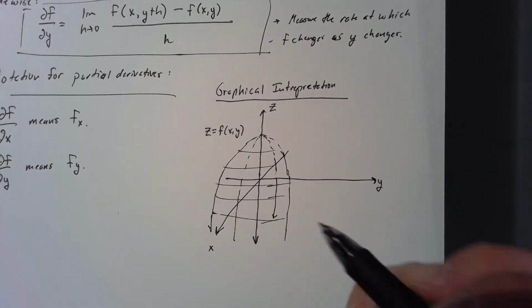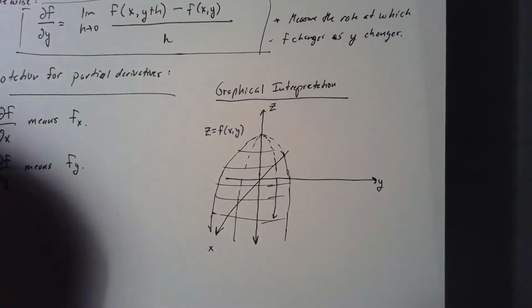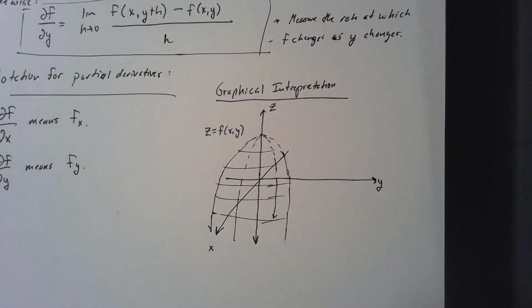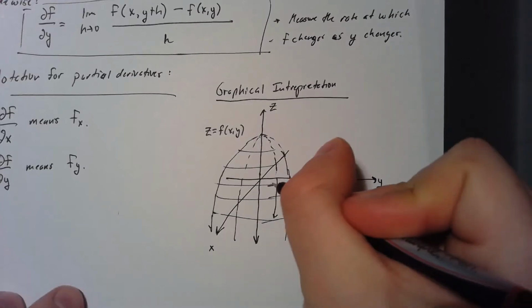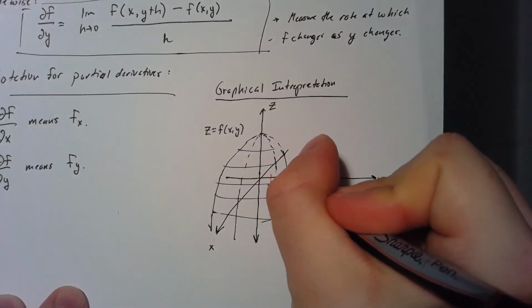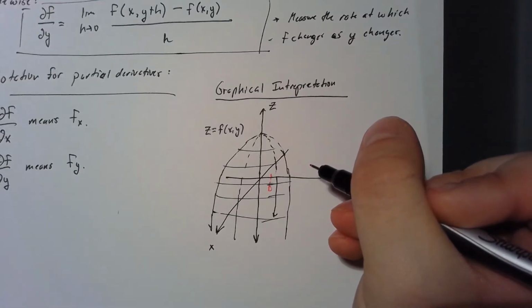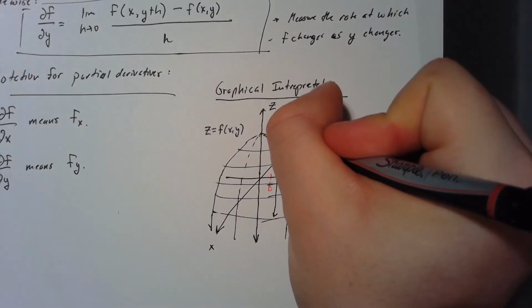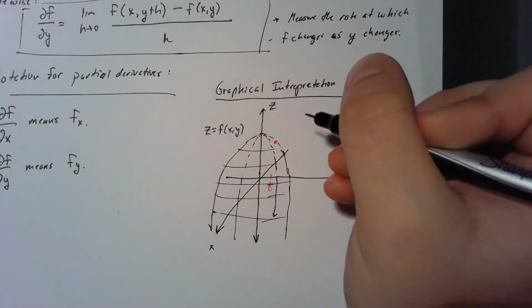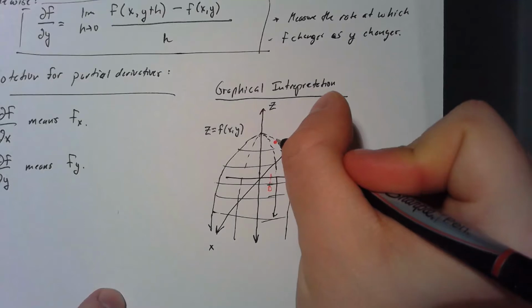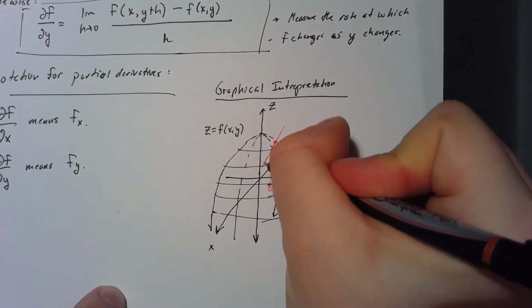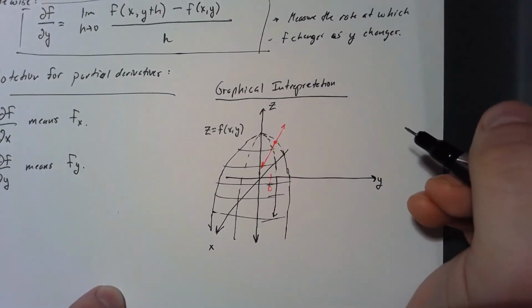So let's say I'm at some point. Let me get a different color here. This point, that's point B. Let's say I'm at some point on my curve here, and I want to find the rate of change at that point on this curve.